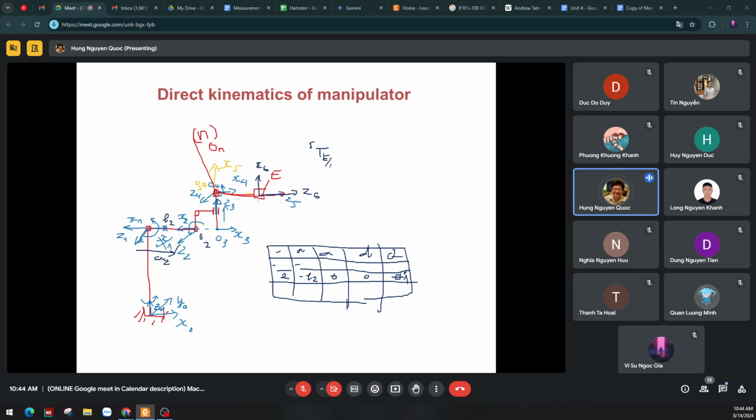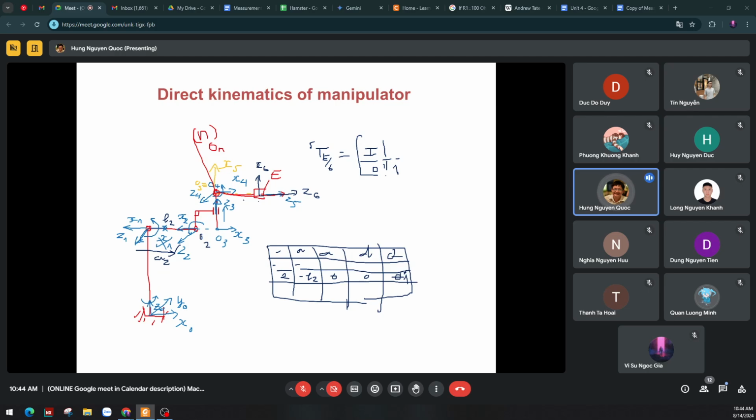It is equal to R, which is no rotation, so the unit matrix, and this is 0, and this is 1. What is this one? This is the distance from here to here.